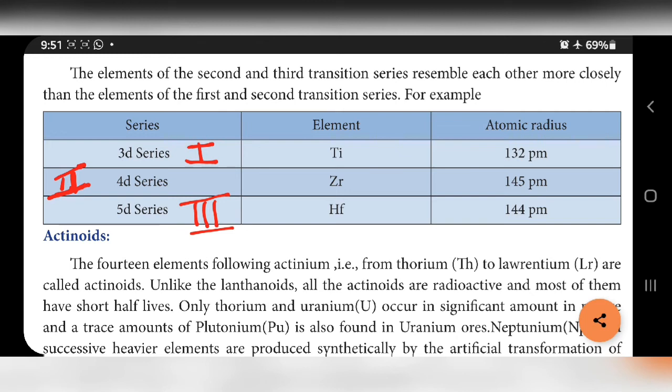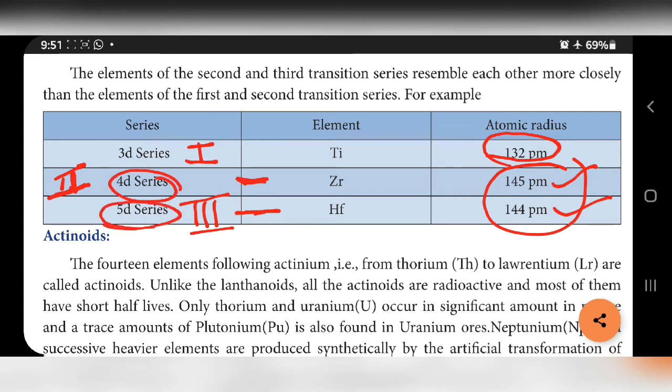The elements of the second and third transition series resemble each other more closely than the elements of the first transition series, because these two series' elements have almost similar size. If size is almost similar, properties are also similar.